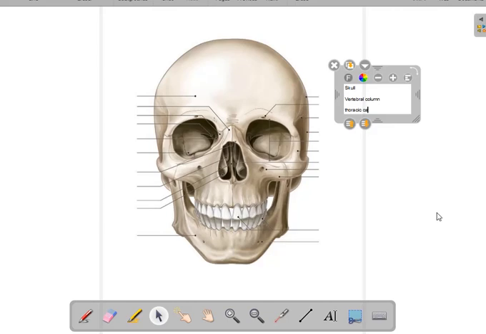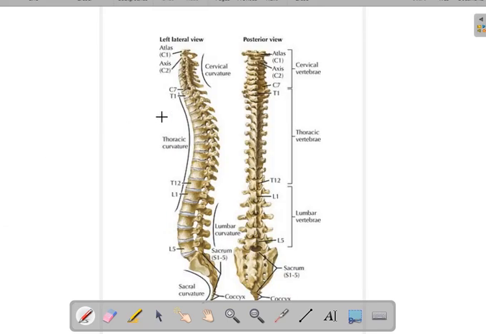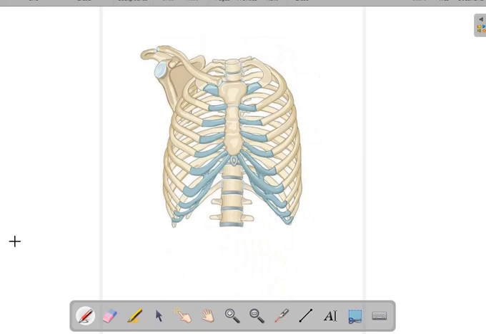These are the components of the axial skeleton. This is the skull, and the vertebral column, you will see it. This is the vertebral column, and this is the thoracic cage.